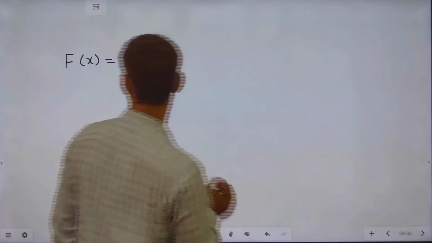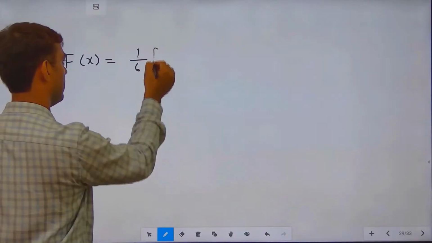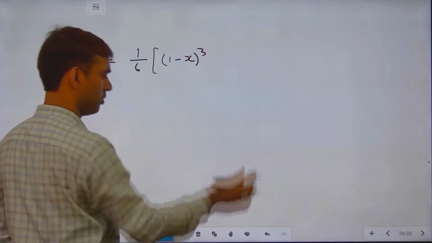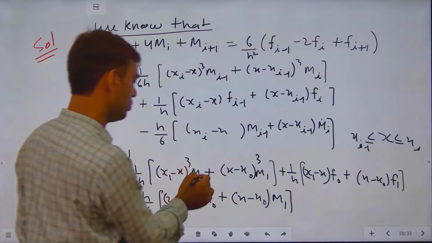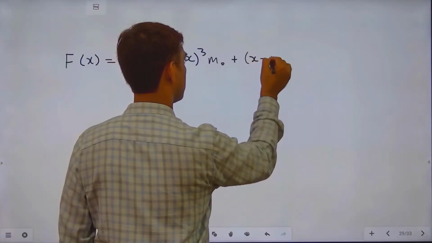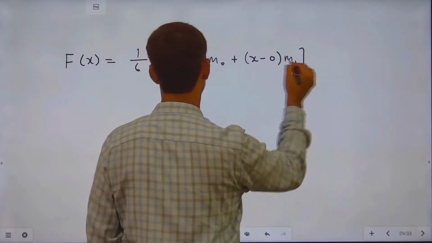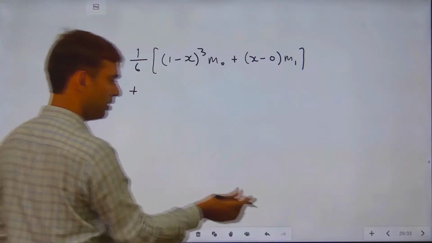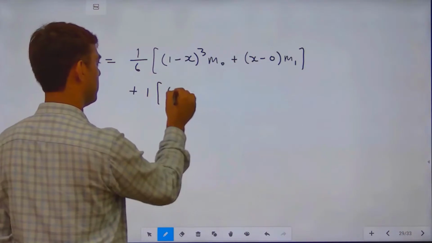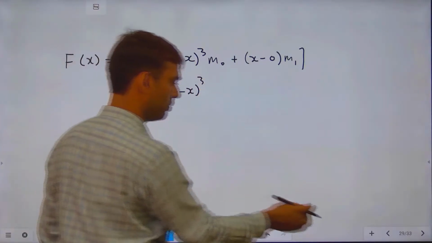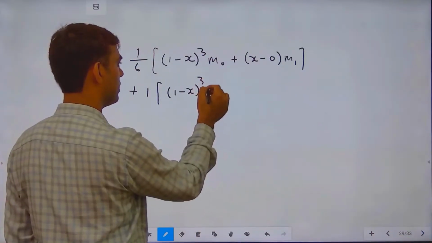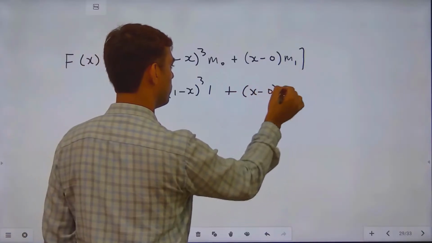So f(x) equals 1 upon 6 times (1 minus x) whole cube m0, plus (x minus 0) whole cube m1, first term, plus 1 upon h, here 1, times (1 minus x) f0 with the 1, plus (x minus 0) f1 with the 2.